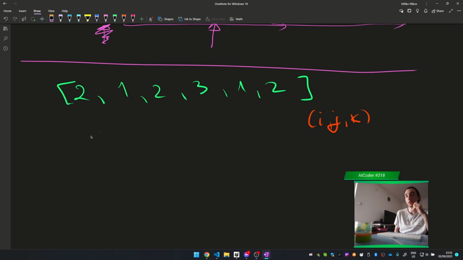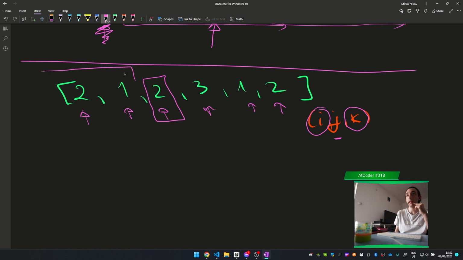For each triple, yeah. So I fix j, I iterate over all possible j's, and then I try to find, if j is something here, on the left side how many of them can be combined with how many of the right side.